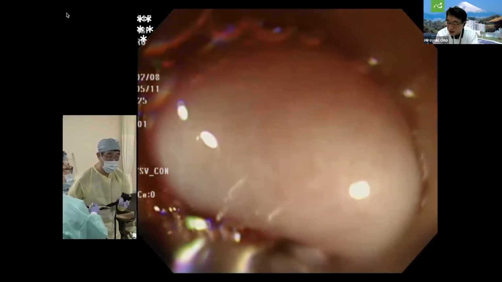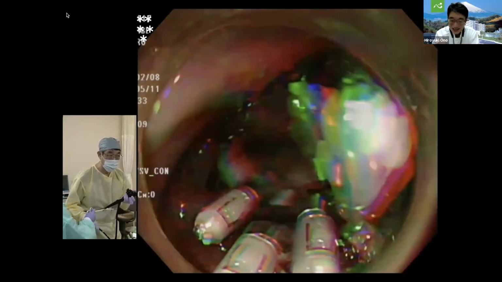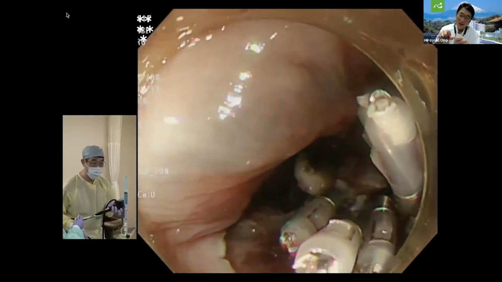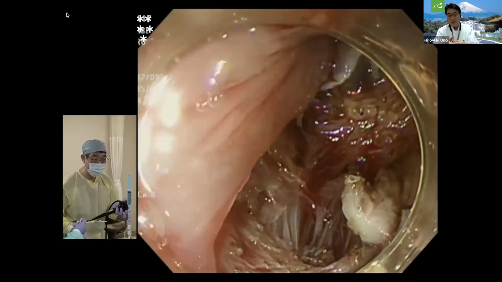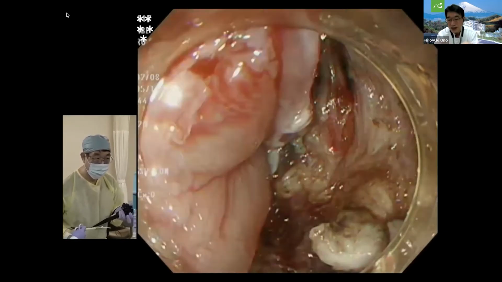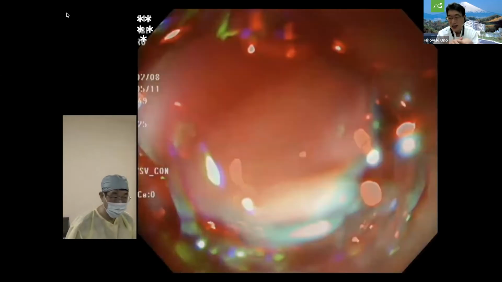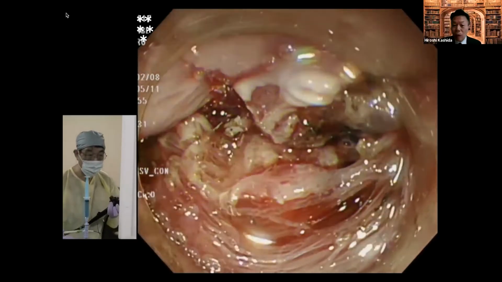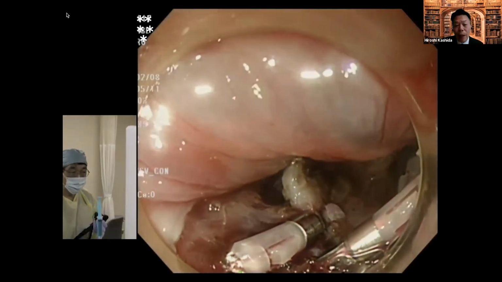It should be pinched, not stabbed, because if we stab the clips, sometimes the muscle layer is very rough, so sometimes it is difficult to suture. So it should be pinched. So you should not push the clips strongly against the bone, do you mean? Yes, I mean so.